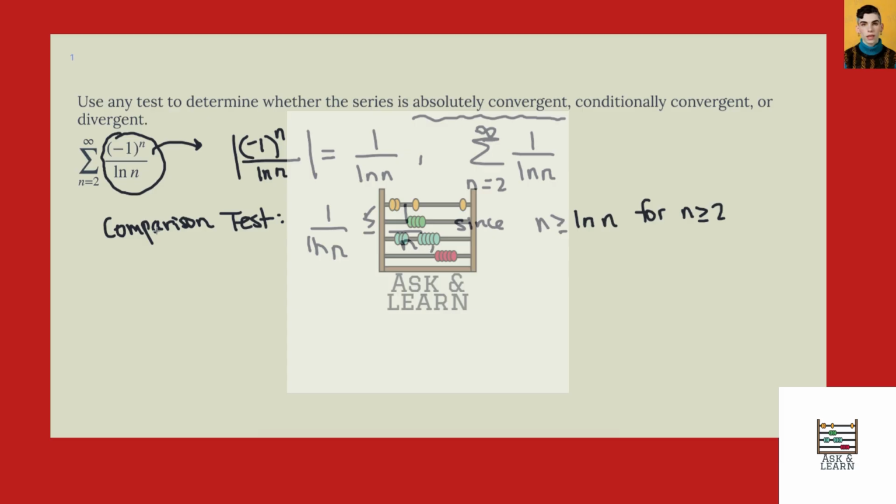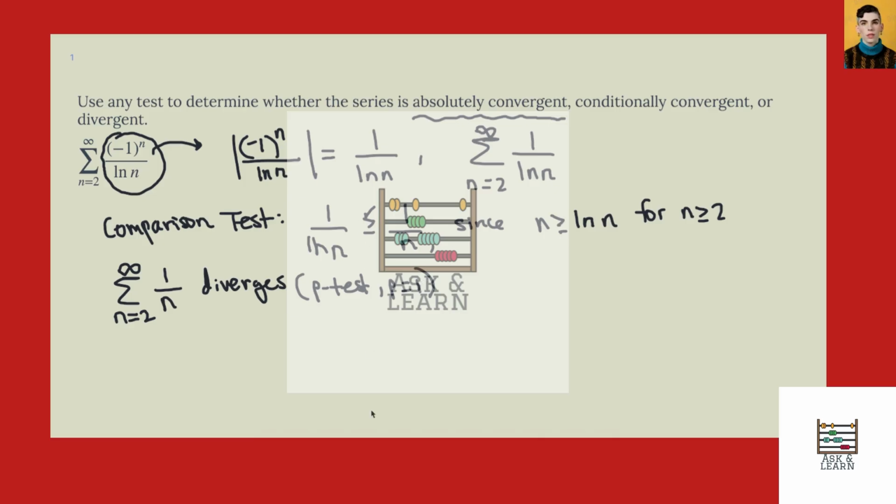And we know that the series 1 over n diverges. This is the harmonic series. Or you could also use the p-test with p equals 1.